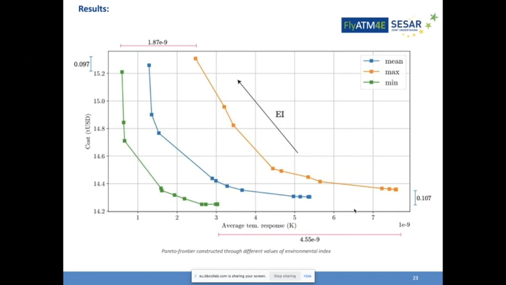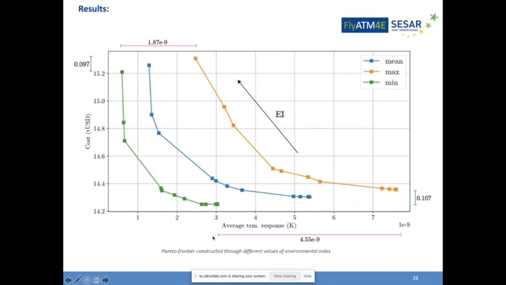Of course, we will have 3 different trajectories, because now, in addition to the mean, we have the max and minimum values, and then we can decide which coefficient is better for flight planning for our purpose.